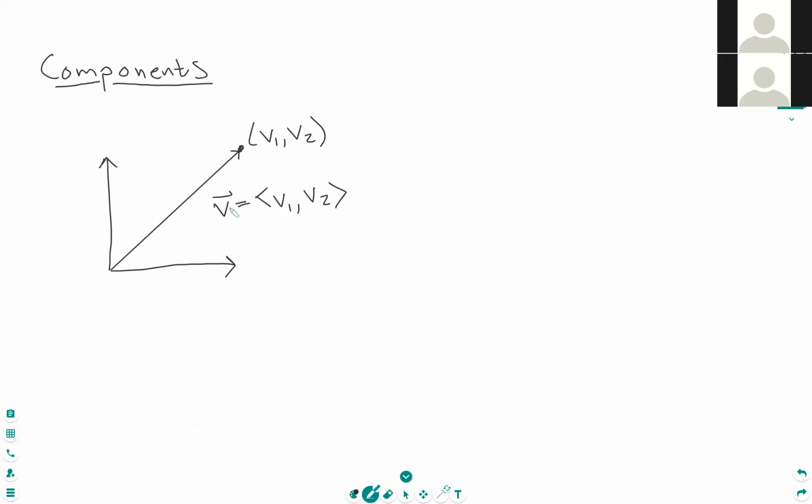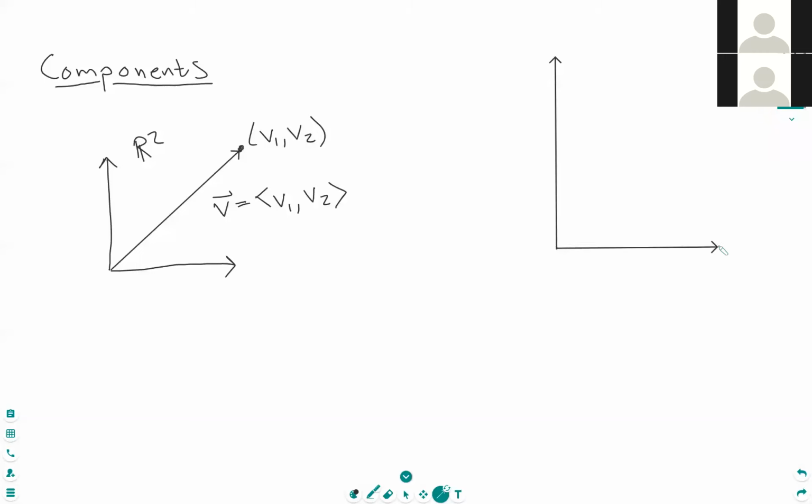So this vector v points to the point v1, v2, but it is written as this sharp bracket v1, v2. And this was in R2. So now let's do R3.